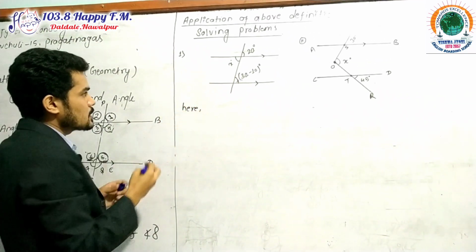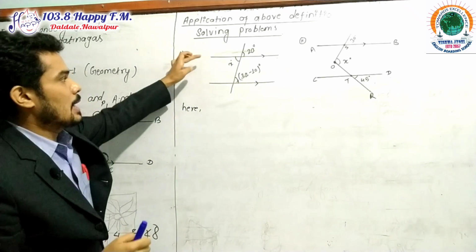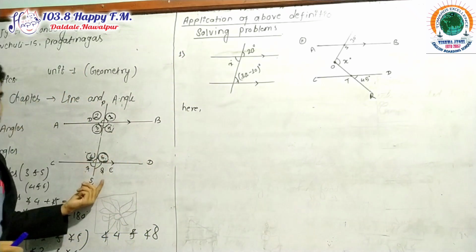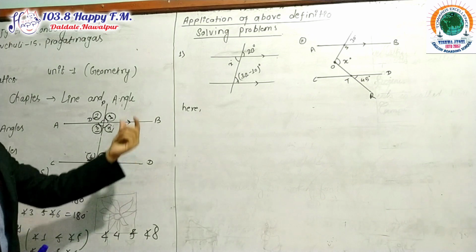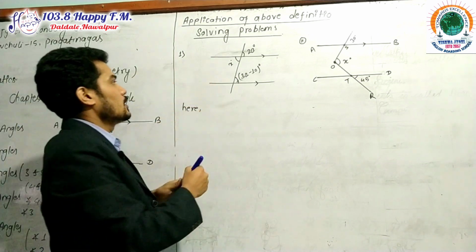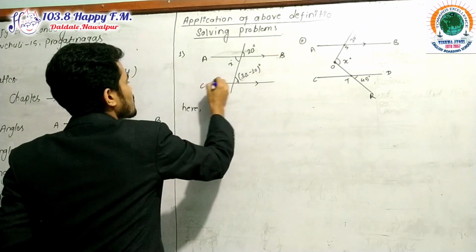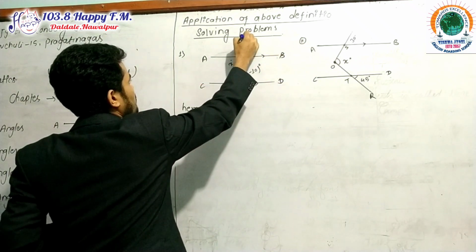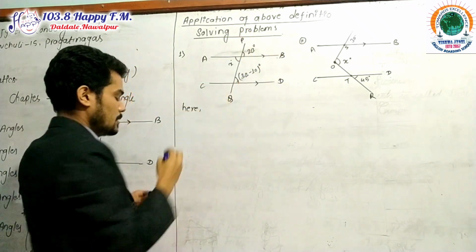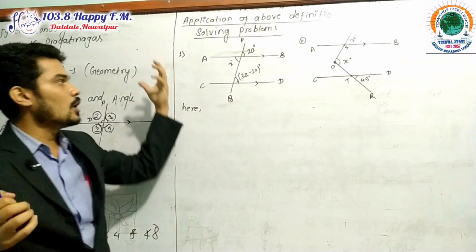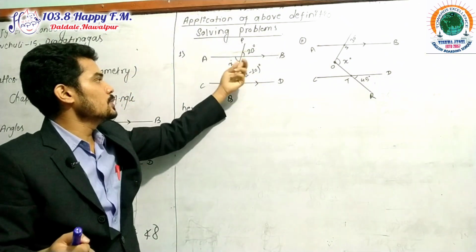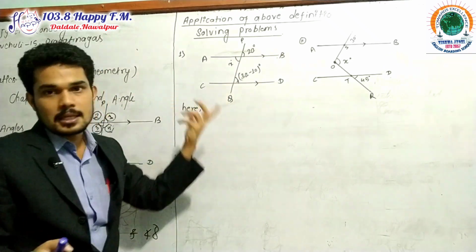You can see there are two parallel lines, as your figure must say. We can give names also: A, B, C, D. AB and CD are parallel lines and PQ is a transversal. All together there are 8 angles formed: 1, 2, 3, 4, 5, 6, 7, 8.